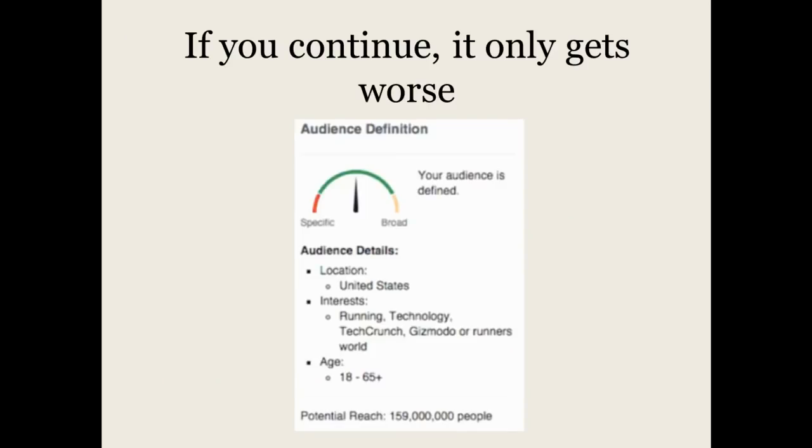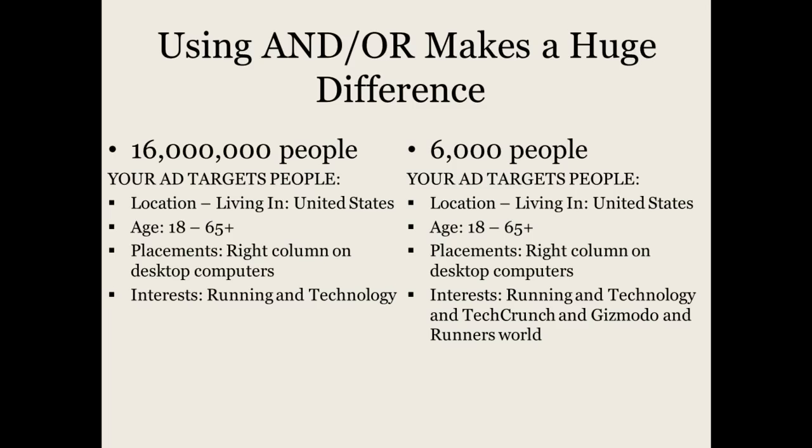Next, if you continue, it only gets worse. Better not to continue. Next, using and or makes a huge difference. Okay, so 16 million people, your ad targets people. Their location is, let's say, the United States. Age range is 18 to 65 plus.